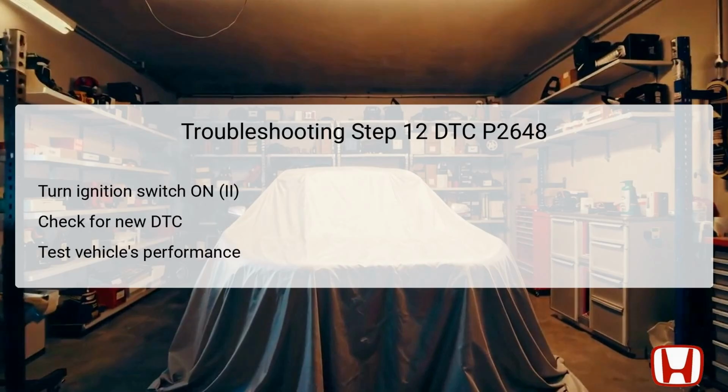In the final step of the diagnostic procedure for DTC P2648, the ignition switch must be turned back to the on second position. This action allows the technician to reevaluate the system for any active diagnostic trouble codes following the repair. Checking for new DTCs ensures that earlier issues have been resolved and that the solenoid and associated circuits are functioning correctly.